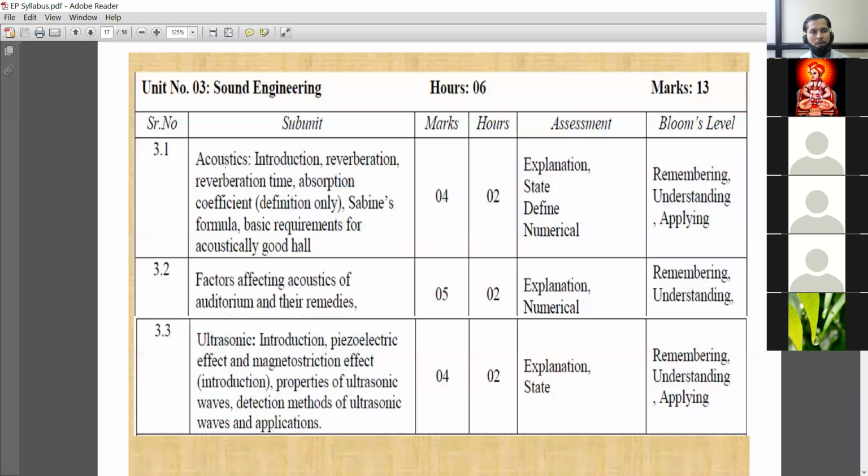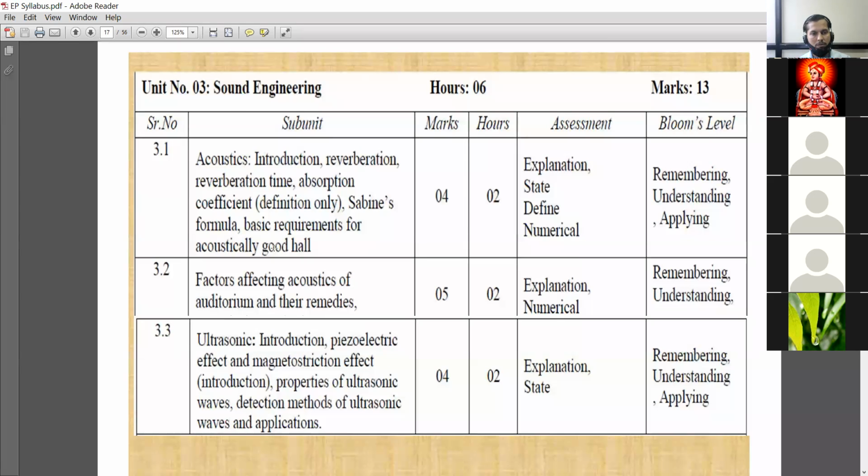ठीक आहे. So in case of acoustics आपण काय बघणार आहे इंट्रोडक्शन. त्यामध्ये बेसिक रिक्वायरमेंट्स असणार आहेत की एखादा हॉल किंवा एखादा ऑडिटोरियमच्या बेसिक रिक्वायरमेंट्स काय असतील. म्हणजे काय थोडक्यात तर मे बी तुम्ही एक्सपिरियन्स केला असेल की एखादा कार्यक्रम तुम्ही अटेंड करताय, स्पीच असेल किंवा म्युझिकल प्रोग्राम असेल आणि त्या हॉलमध्ये किंवा त्या थिएटरमध्ये तुम्हाला आवाज क्लिअरली ऐकू येत नाही. थोडासा इको टाईप किंवा थोडासा रिफ्लेक्टेड कन्फ्युज्ड असं साऊंड जर ऐकू येत असेल, याचा अर्थ काय तर तो हॉल किंवा ऑडिटोरियम किंवा ते थिएटर अकॉस्टिकली गुड कंडिशन मध्ये नाही.